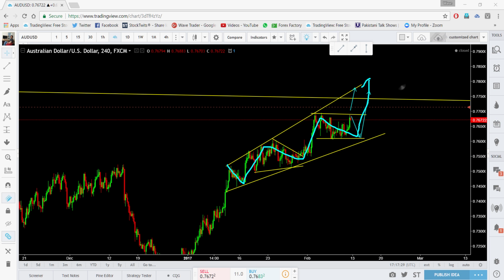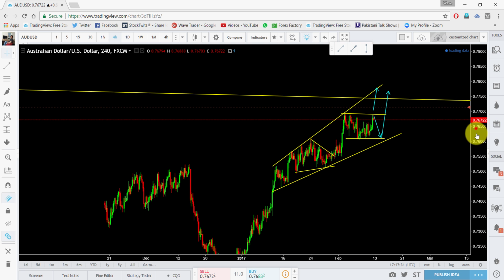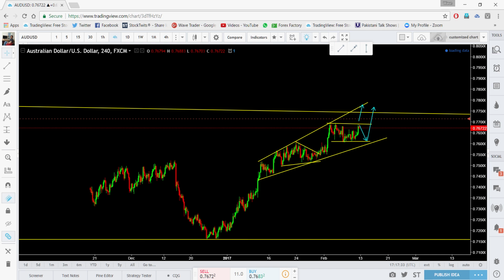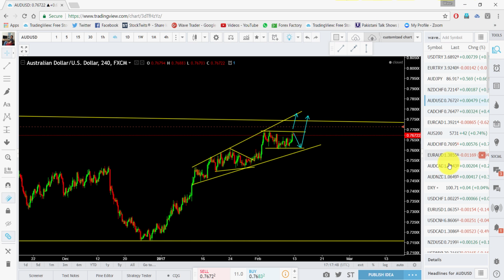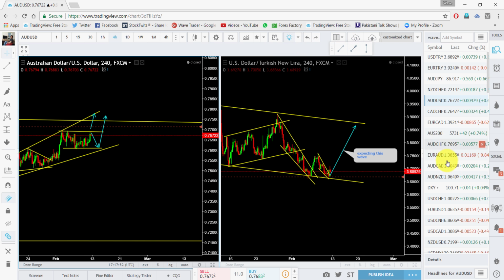Yeah, the pattern formation is quite similar to the New Zealand dollar and Australian dollar pair. I will explain this pattern by showing that pair. Just bear with me.